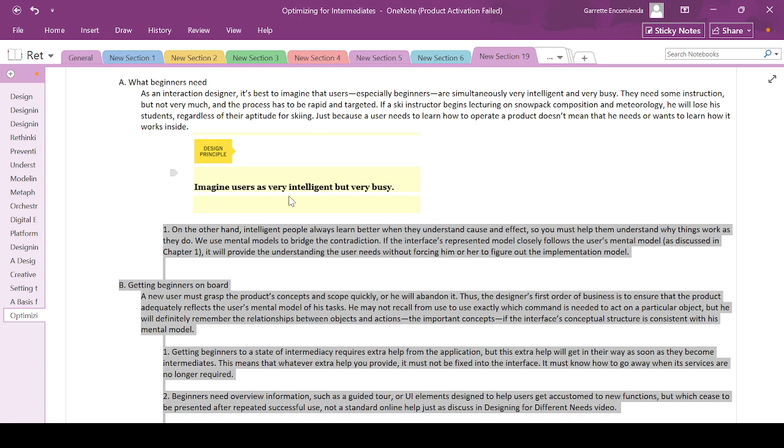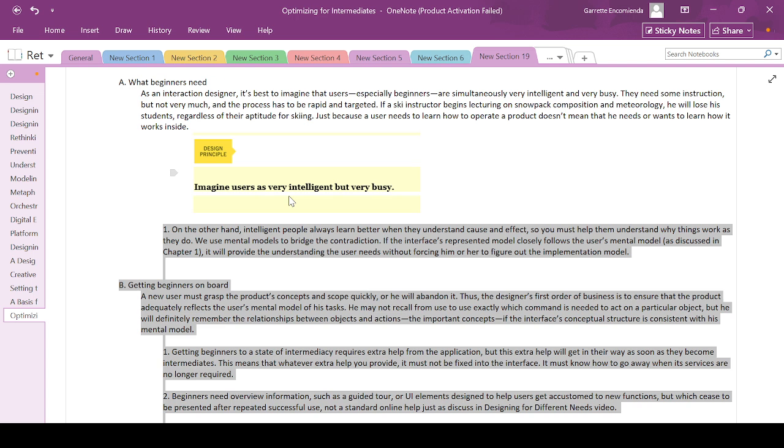On the other hand, intelligent people always learn better when they understand cause and effect. So you must help them understand why things work as they do. We use mental models to bridge the contradiction. This is the principle of learning.